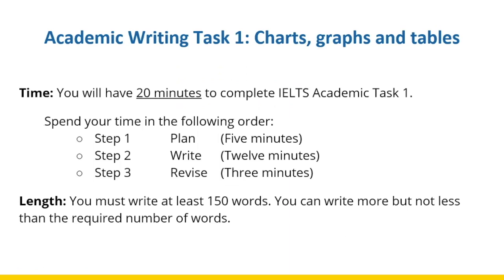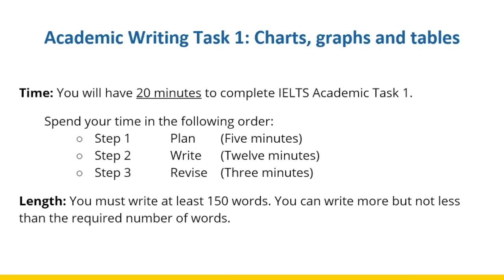In Academic Writing Task 1, we'll be learning about different graphics such as charts, graphs, and tables. You'll be given only 20 minutes to complete IELTS Academic Task 1. And because your time is very limited, I suggest you spend your time in the following order. In Step 1, you should plan your essay for 5 minutes. In Step 2, write your essay for 12 minutes.